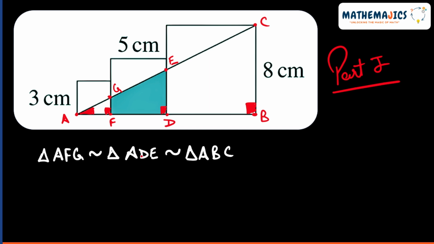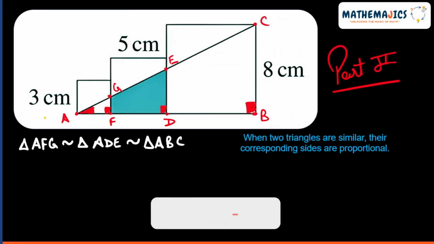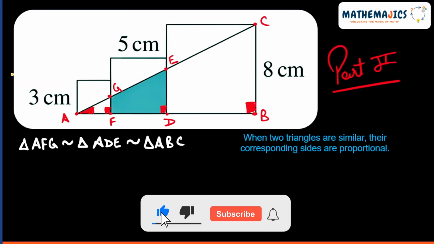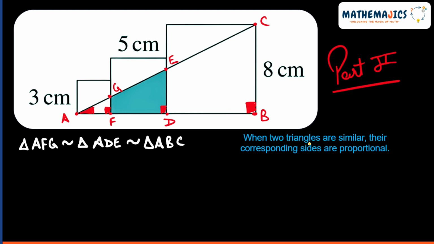Let's jump to part 2 of the solution. In part 2, we will be using one property related to similar triangles. The property says that when two triangles are similar, their corresponding sides are proportional. So let's use this property in triangle AFG and triangle ABC.